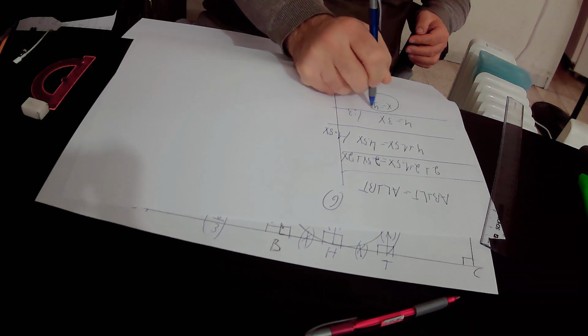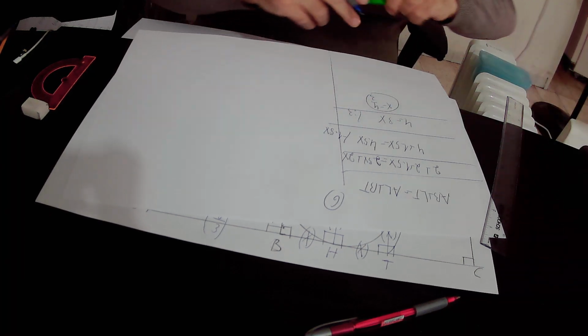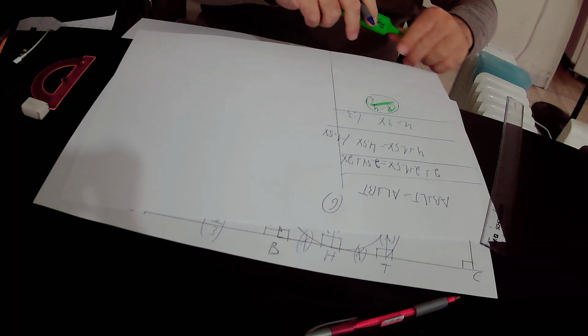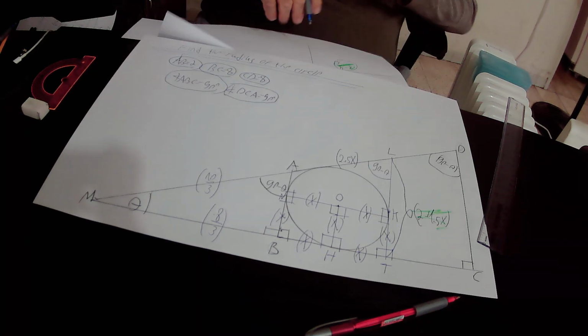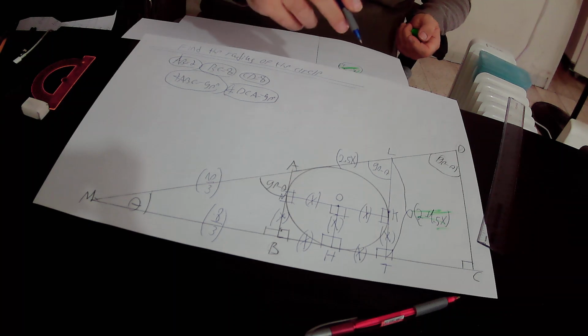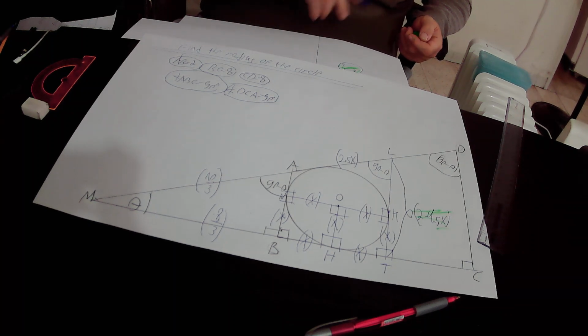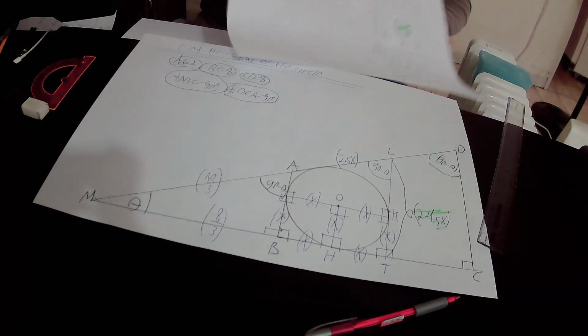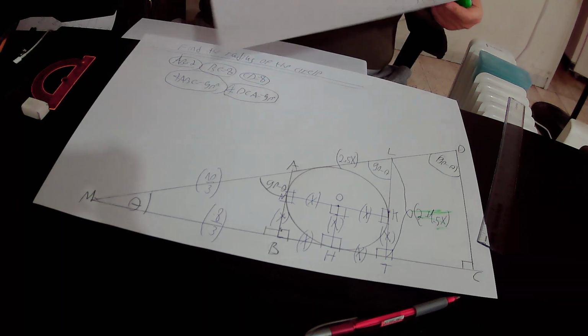So we can find out that the radius x of this circle equals 4 over 3 units in its length. Our mission is to find out the area of this circle.